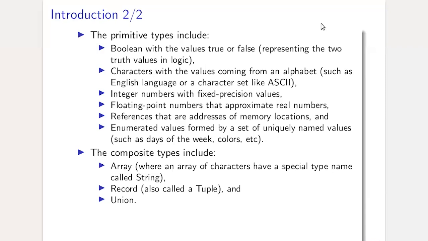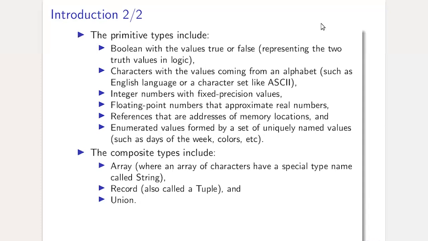So the important aspects are all the values that are permitted in a primitive data type and the operations that are allowed. Composite types, the most widely used ones are the array that we use all the time. So an array is a sequence of values that we have, where we can refer to them through an index value.